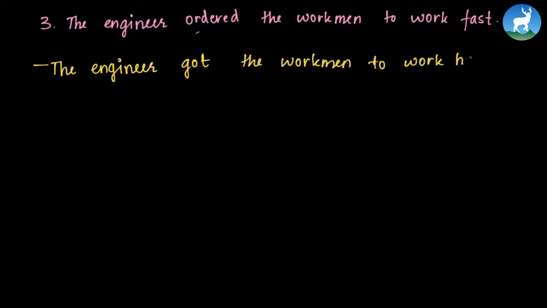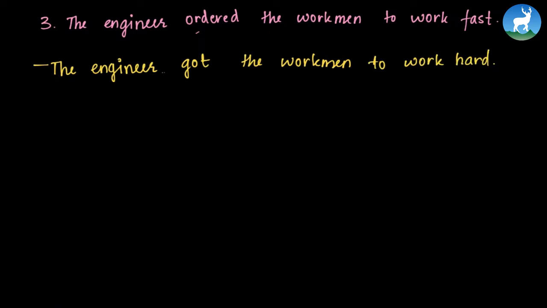The third question is, the engineer ordered the workmen to work fast. Now we can rewrite the sentence by saying the engineer got the workmen to work hard.